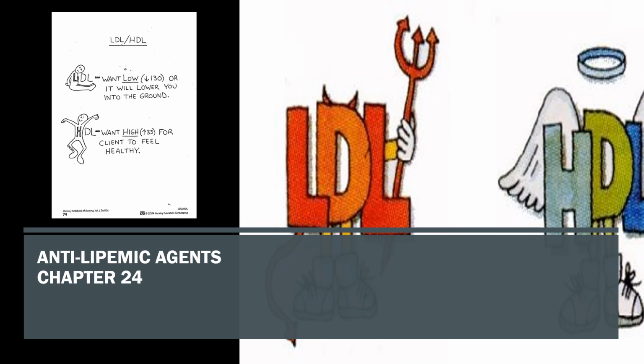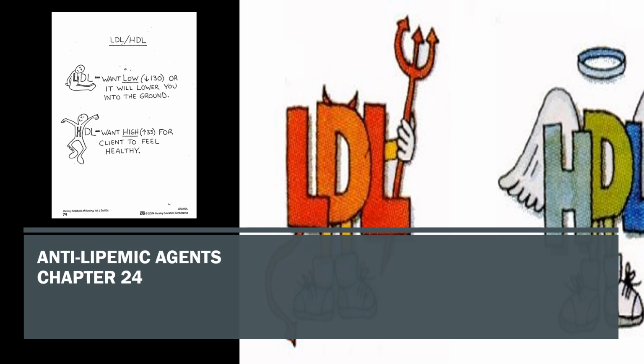Okay, the last section here is going to be the anti-lipemic agents. So lipemic being the fat, so cholesterol. So trying to bring down the cholesterol. When we bring down the cholesterol, we're talking about the LDL. This is the bad cholesterol.